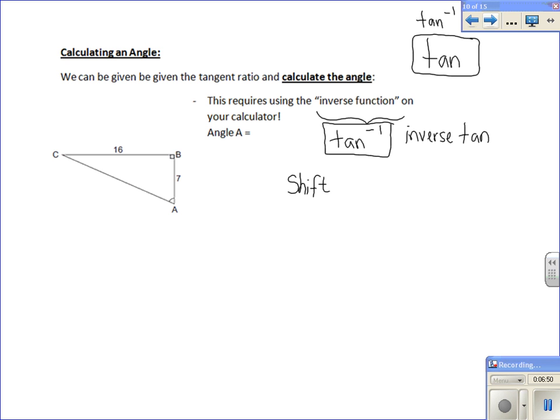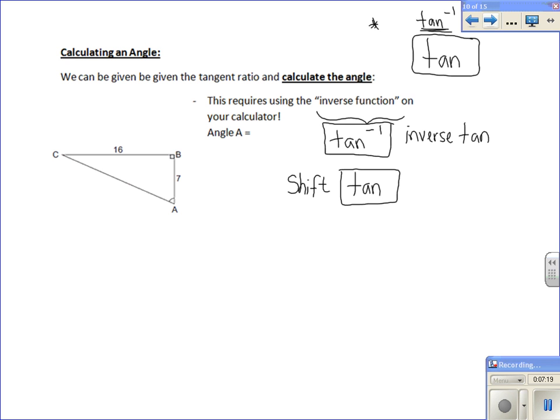Okay, that's written up above the button, usually in a different color writing. If you have this button here and you have tan to the negative 1 above it, in order to access the inverse function, you just have to press Shift first and then tan. And when you do that, it will apply the function above the button. Okay, so you simply say Shift tan, and that is the same as tan to the negative 1.